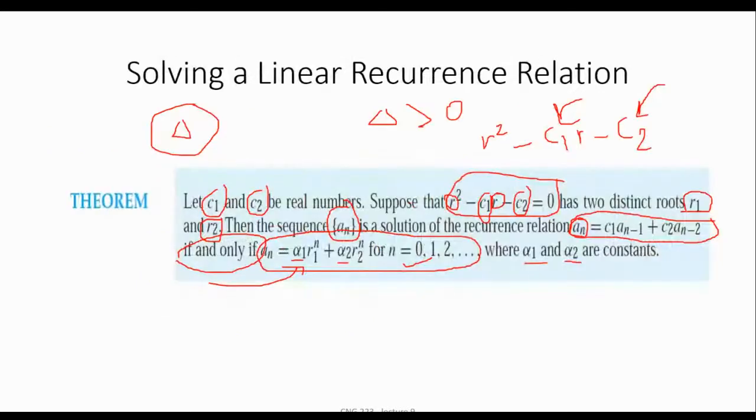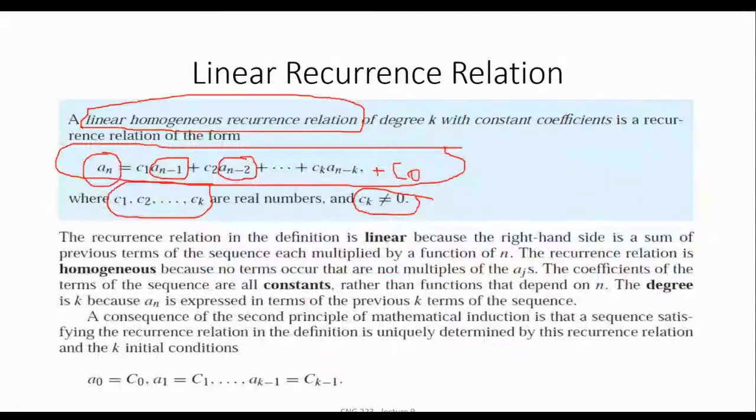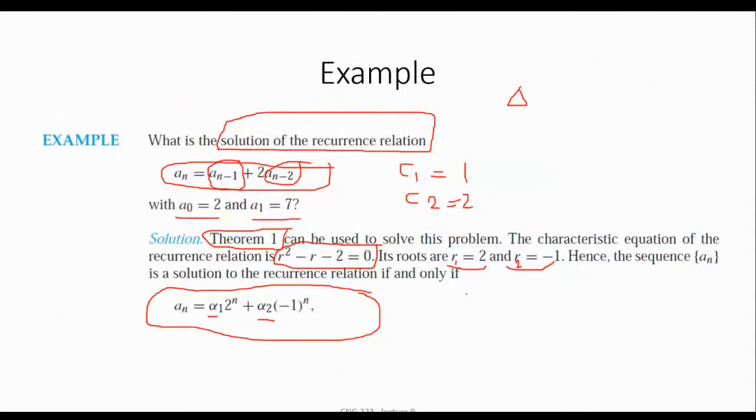And we have power n for R1 and R2 separately. We already calculated R1 and R2 from the previous equation, so I simply assign them into this equation. One of them is 2, so I will have 2 to the power n. The other one is minus 1, so I will have minus 1 to the power n.